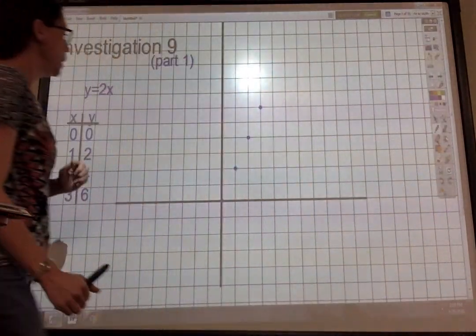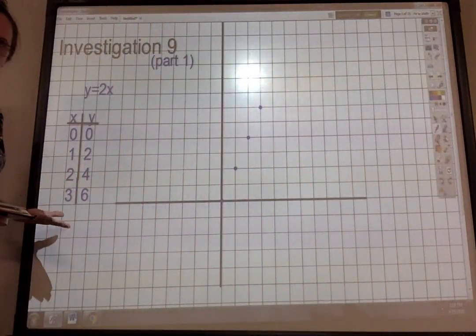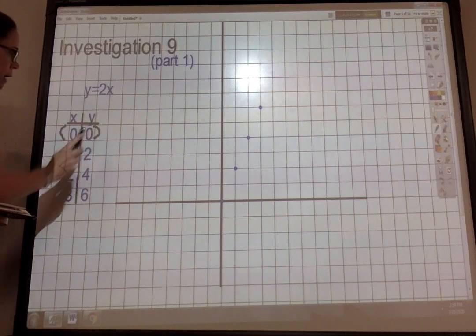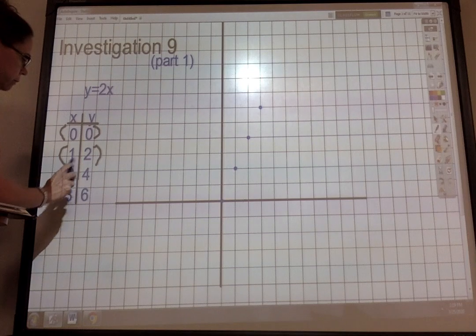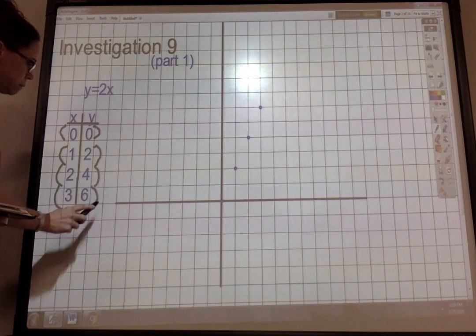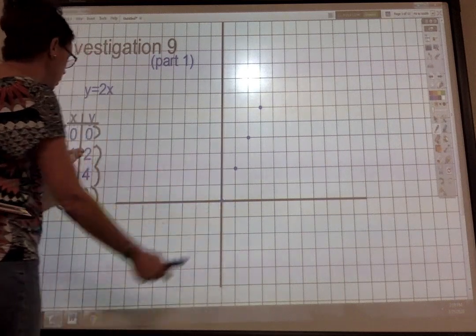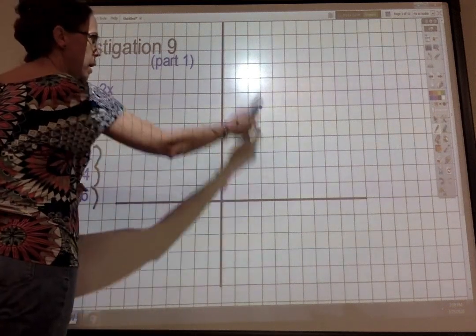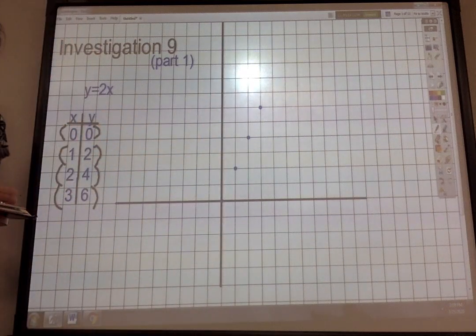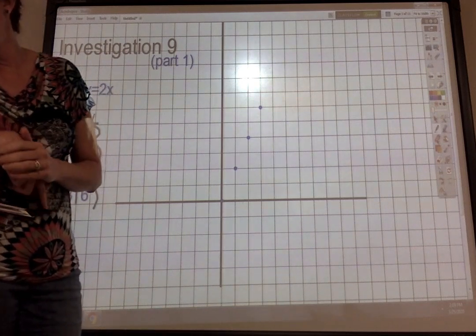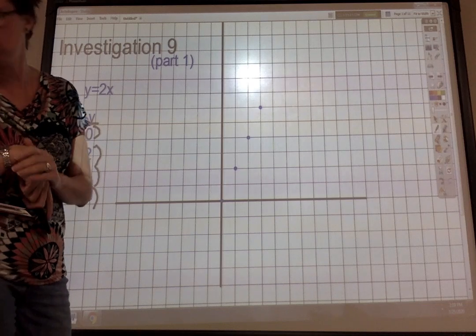So they give us this XY chart, and hopefully you will see by now that our XY pairs give us coordinates. Our first coordinate here is 0, 0, then 1, 2, 2, 4, and 3, 6. So they've graphed these pairs that satisfy this function.